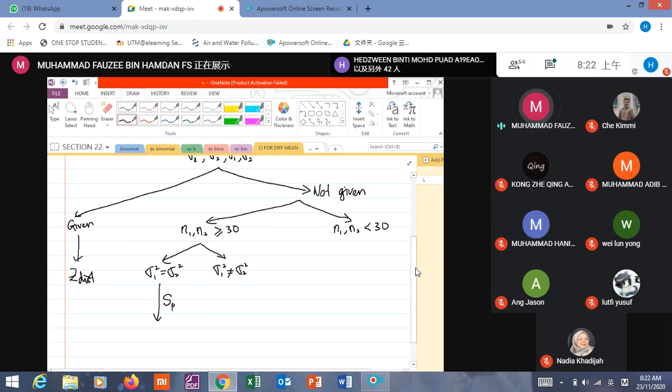SP is the pooled standard deviation. You can refer to your notes. In Malay, SP is sisihan piawai sepunya, because this is equal.